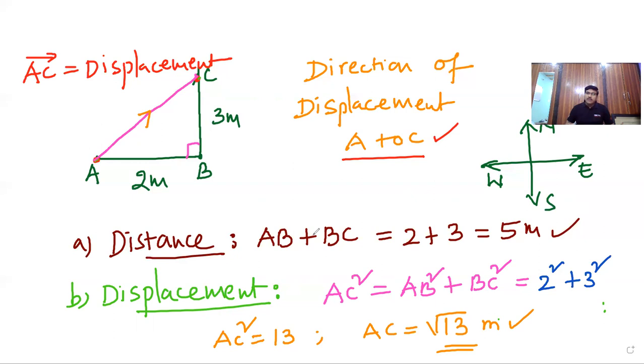Okay. Now, this problem we have solved simply by means of simple mathematics. Let us solve the same problem by means of vectors. Observe. This is the direction, as I told, east, west, north, and south.